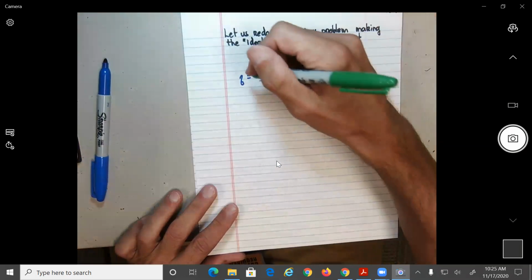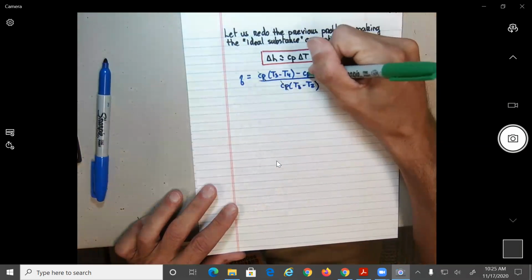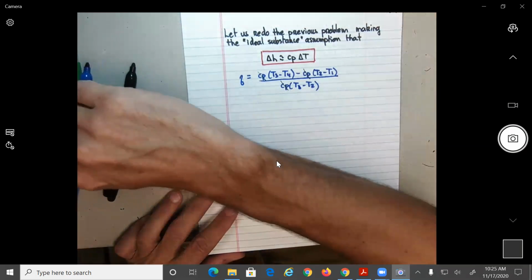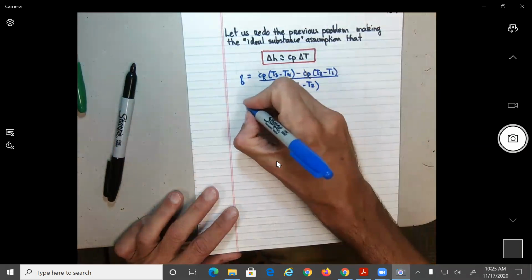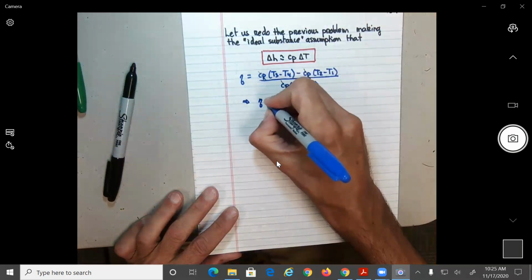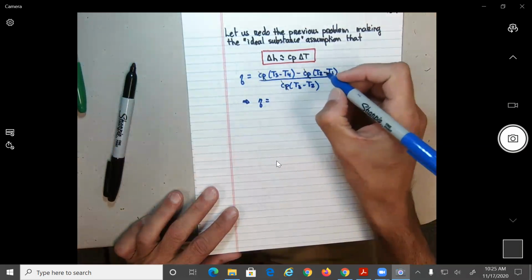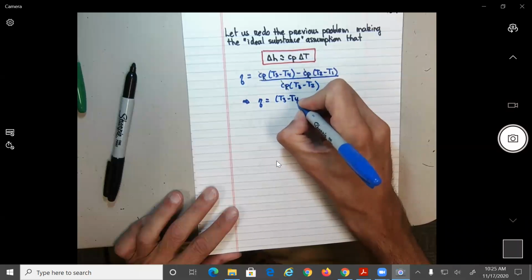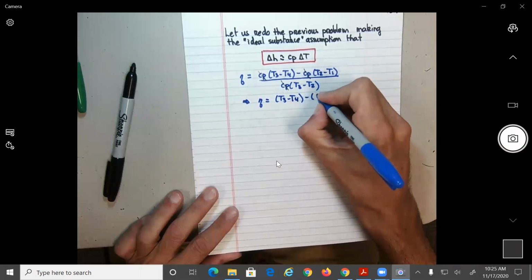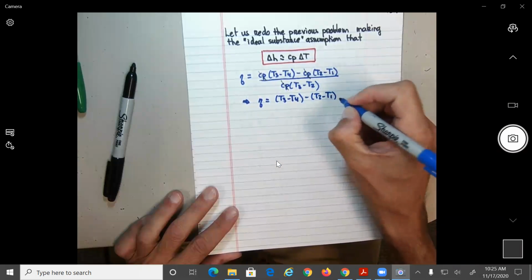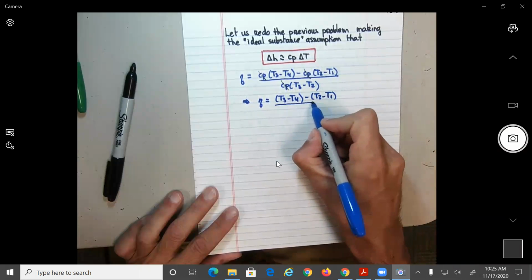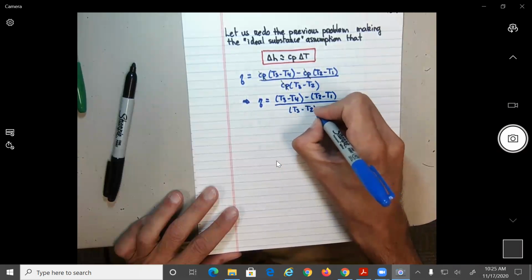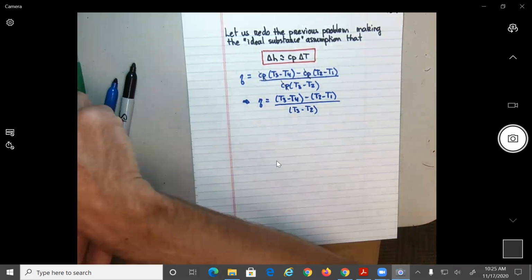So over here you can see right away that you could cancel all the Cp's. And this will give you that this is equal to (T3 minus T4) minus (T2 minus T1), divided by T3 minus T2.